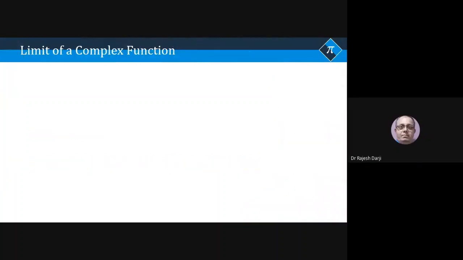So first we define the limit of a complex function. What is the formal definition?